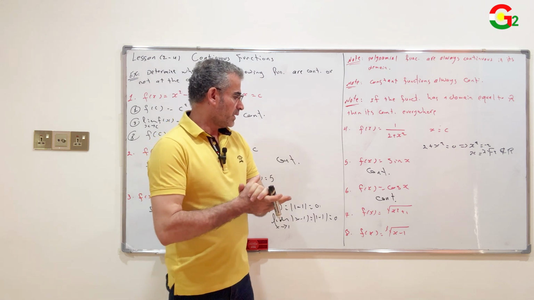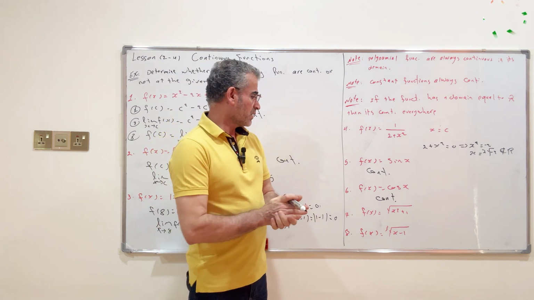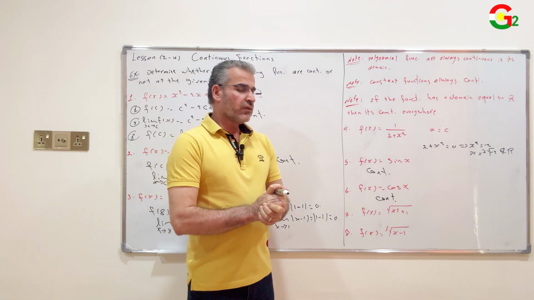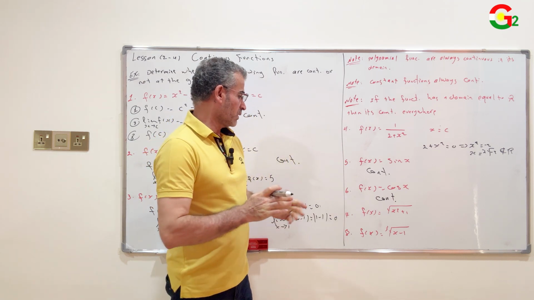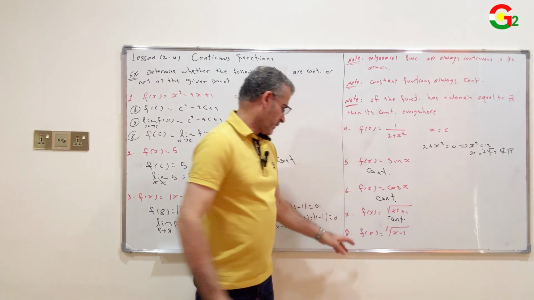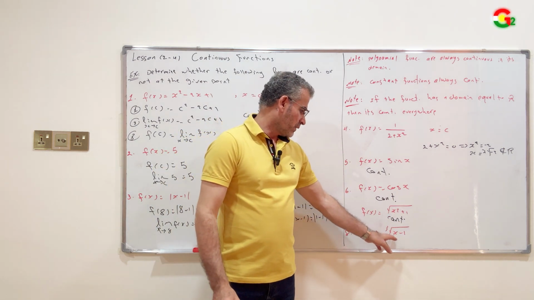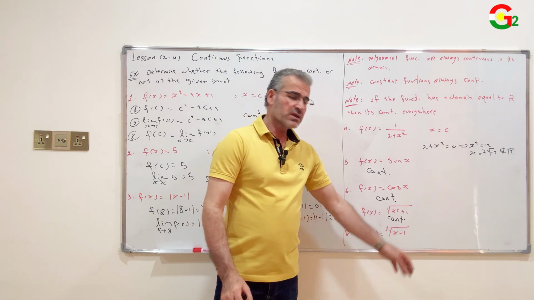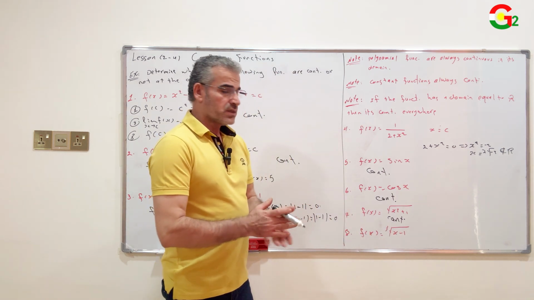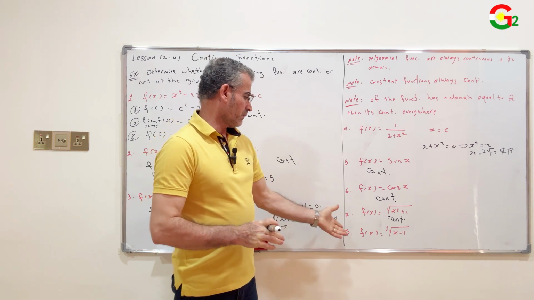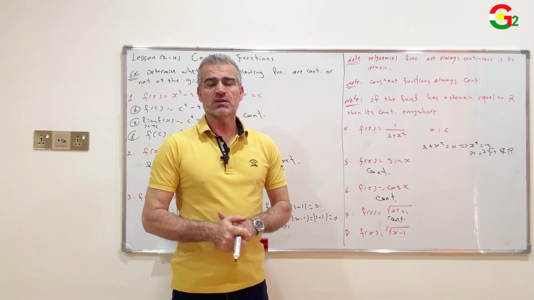If I take a negative number, its square would be positive, and therefore the domain of this function is all real numbers and it is continuous everywhere. Also, the cube root of x minus 1, its domain is all real numbers. Therefore, this function is also continuous everywhere.